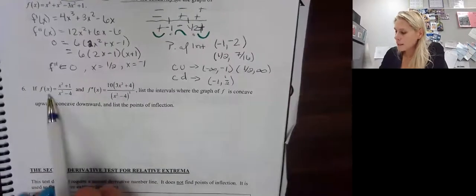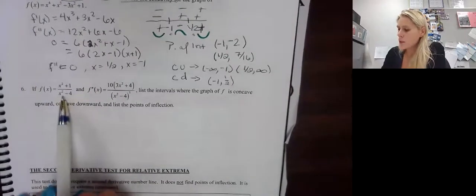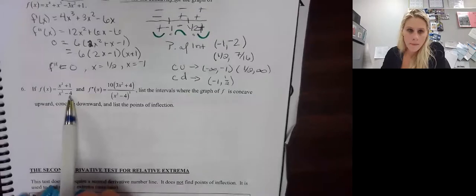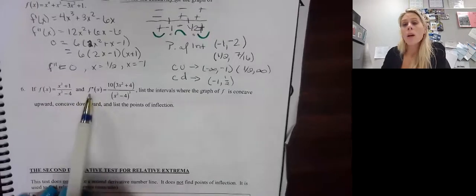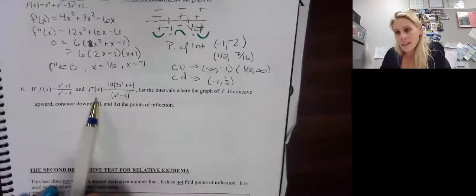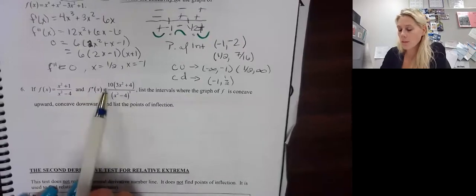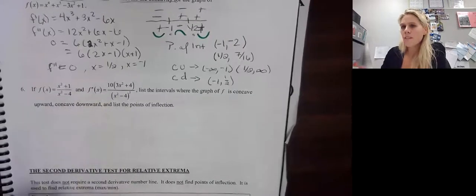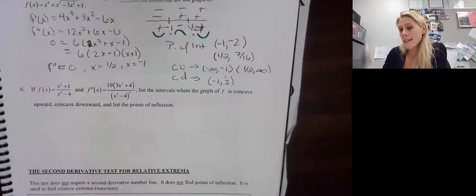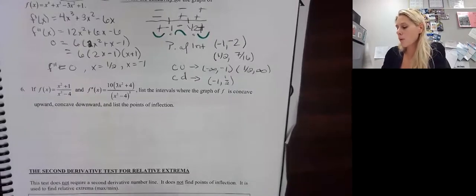If f of x equals x squared plus 1 over x squared minus 4, and f prime of 2. Hey, they gave us the second derivative already, so we don't need to find it. So watch out for that. Usually they'll do that if it's a more complicated second derivative, so that way we don't have to worry about simplifying it.